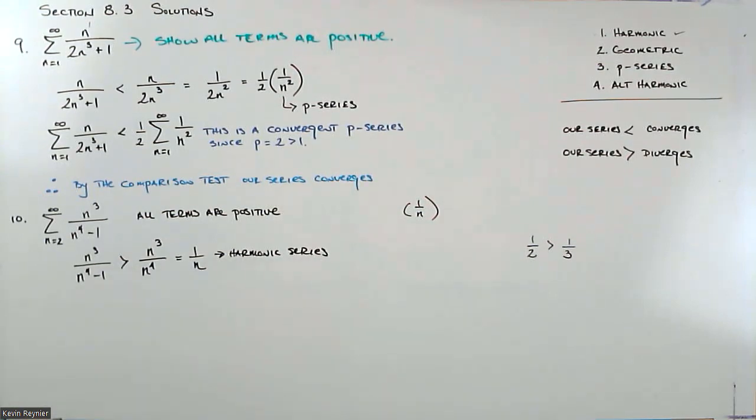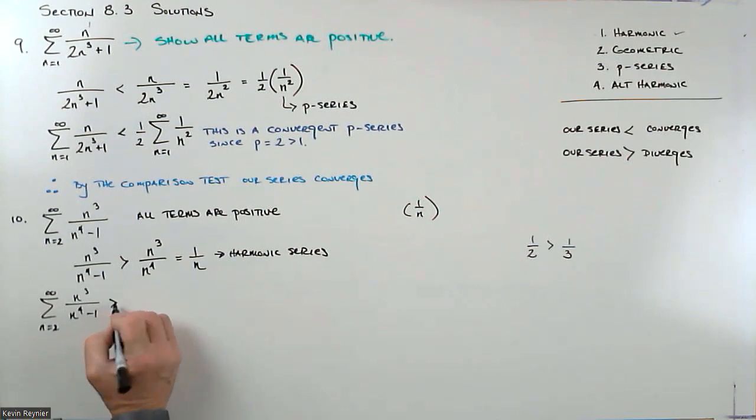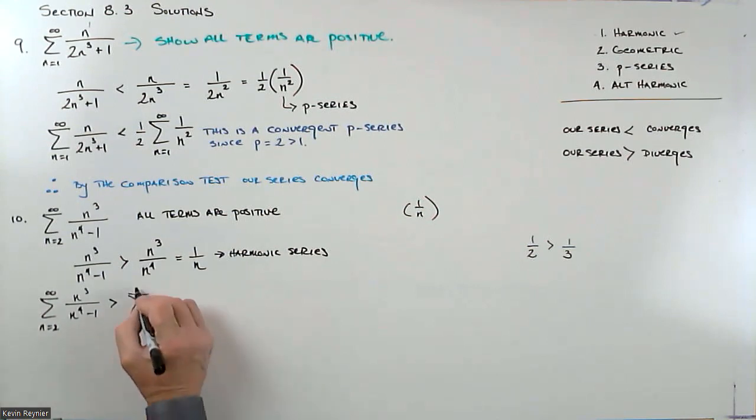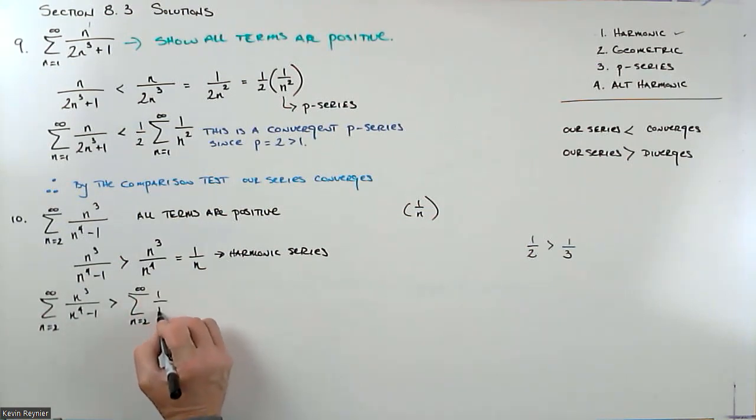So what have we established? We've established if we take the series n equals 2 to infinity of n cubed over n to the 4th minus 1, we know that series is bigger than this series. But that is a divergent series.